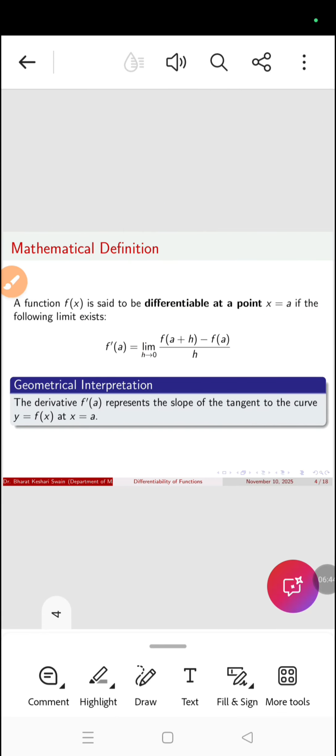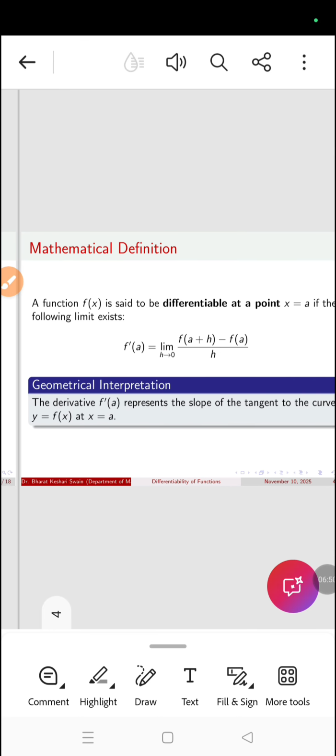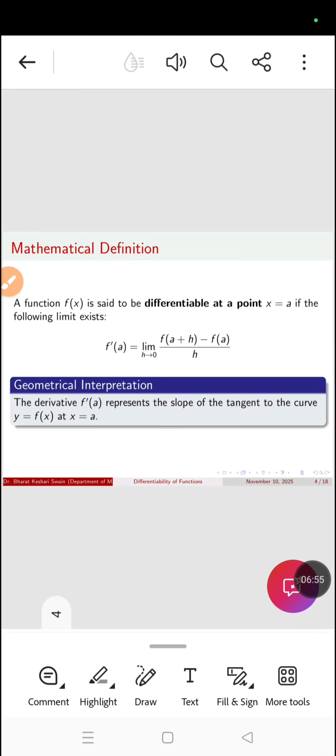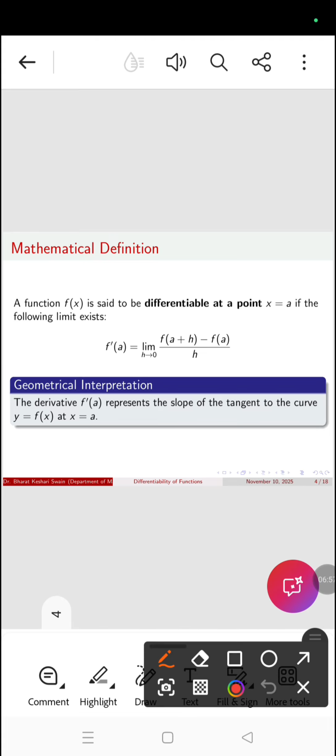Now come to the geometrical interpretation. How can we interpret it geometrically? Your derivative f dash a represents the slope of the tangent to the curve y equal to f of x at point x equal to a.